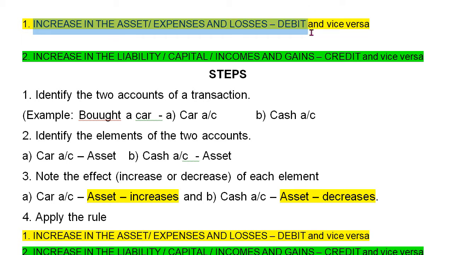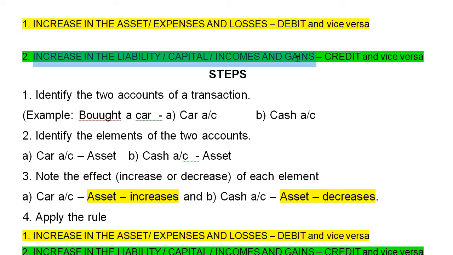This is a point in that. The same way, if there is an increase in the liability, capital, incomes and gains, the account is to be credited. And vice versa, if there is a decrease in the liability, capital, incomes and gains, that account is to be debited. This is a point.